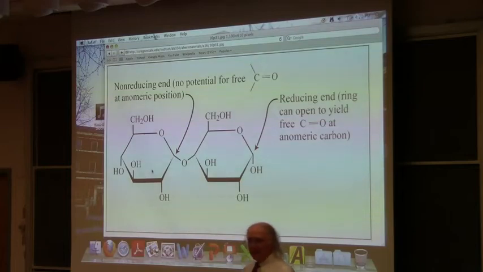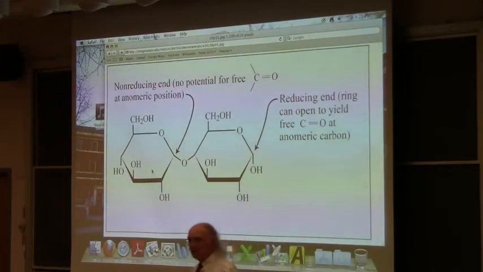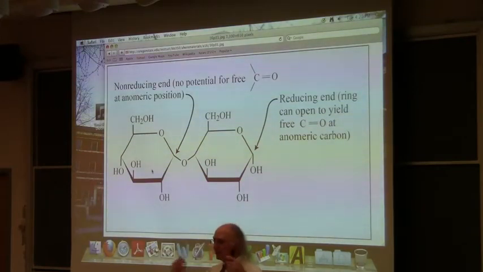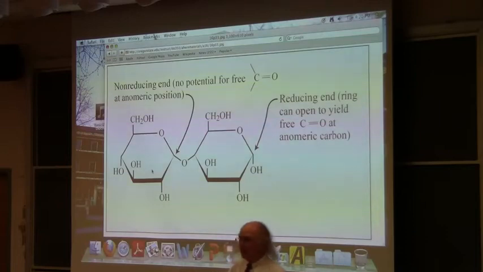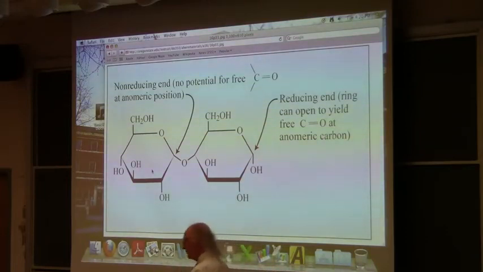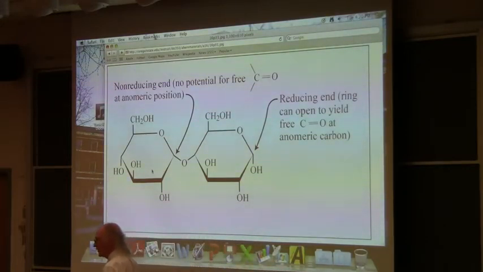In fact, anything that can form an aldehyde readily will get oxidized and cause something else to be reduced. That means that anything that can form an aldehyde is going to be a reducing sugar. Any sugar that can form an aldehyde, any aldose, will be a reducing sugar. The words aren't coming to me today.